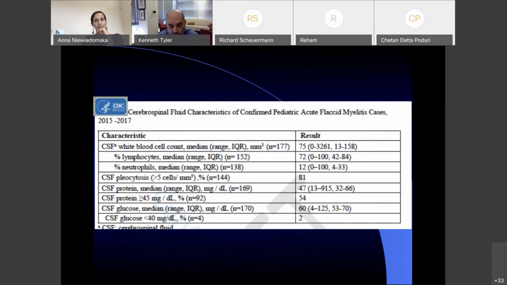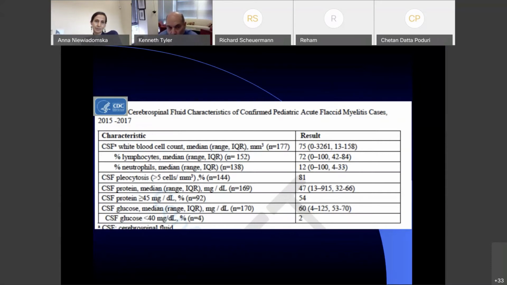Another clue as to the potentially inflammatory nature of this came from a number of studies. Oops, I don't think I put the reference here, so this may again be a CDC source. The spinal fluid, when examined in these patients, very frequently showed a pleocytosis.